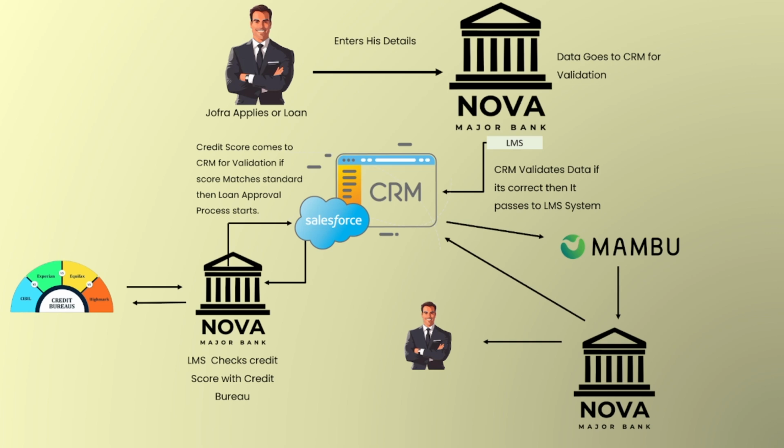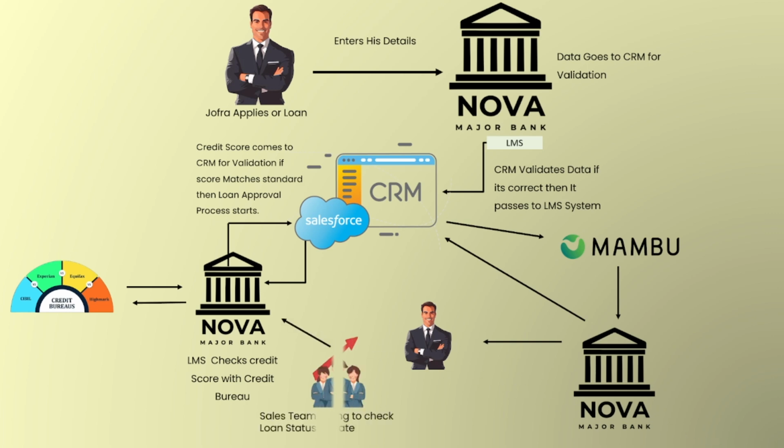Now when Noah Major Bank has all the data from Mambu and all the data which is now modified, it sends it back to CRM, and CRM again updates the data of Jofra. Now CRM has the data that a particular amount is disbursed to Jofra. So with this data, what CRM will do, we will see shortly.